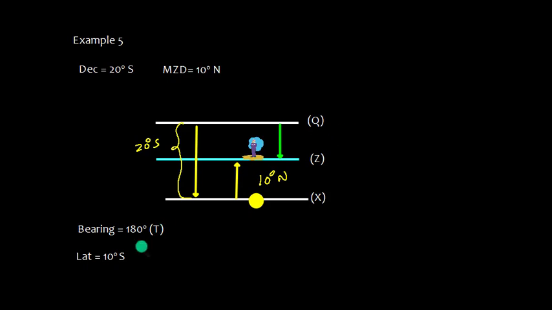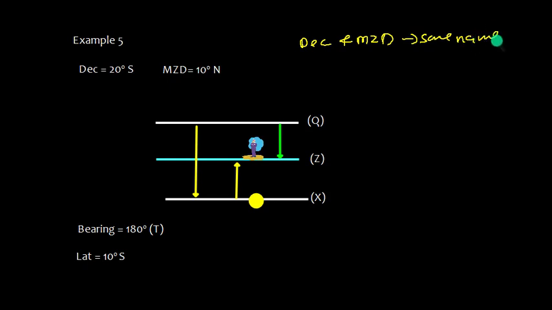So, the difference is 10 degrees south and the bearing is 180 degrees. Now we have a thumb rule, and it says if the declination and meridional zenith distance have the same name, then you do nothing but add and retain the name.